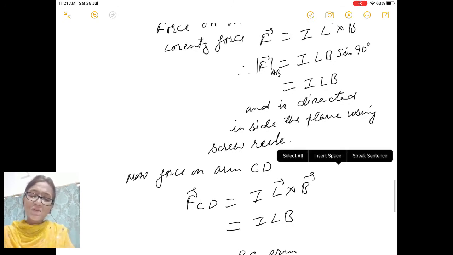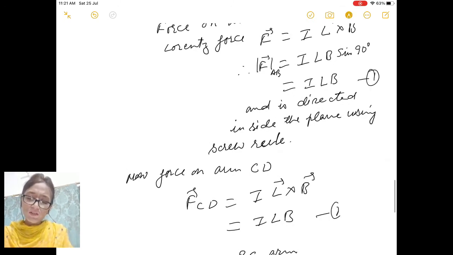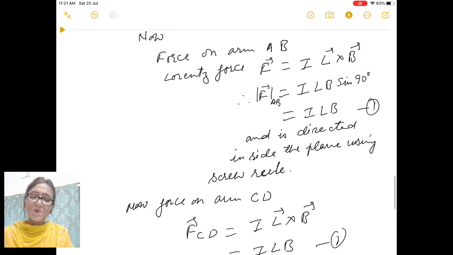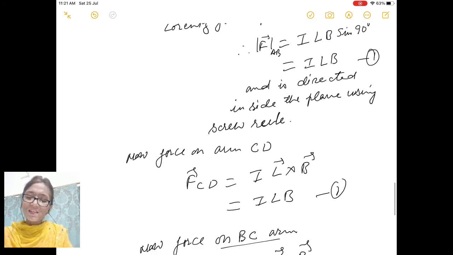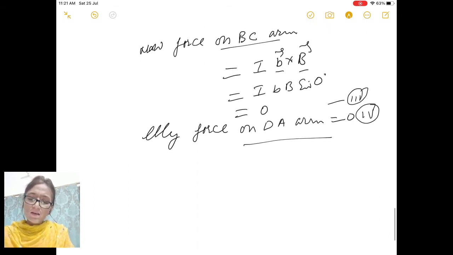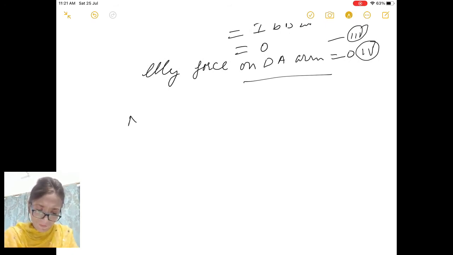So of the 4 forces we calculated, 1 force, 2 force, 3 force and 4 force, these two forces are equal to 0. So the net force: these two are in opposite directions, this one is in the upward direction. So what is the net force?